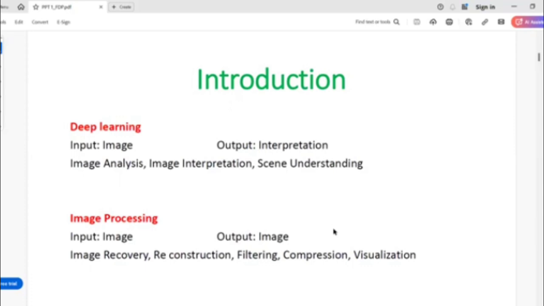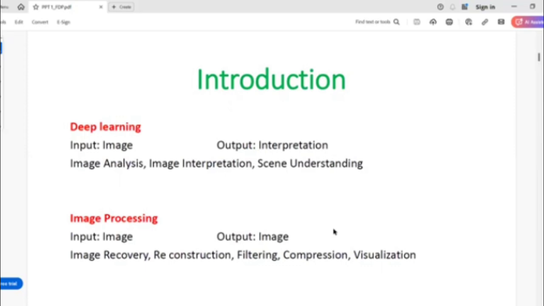Whereas in image processing, the input is an image and the output is an image. Why do we do image processing for medical image analysis? Sometimes you need to recover some images or reconstruct some images. There will be some noise you need to remove, and for that you will go for filtering. The sizes will be very high, so you need to compress. You need to understand what class, what category, how much data we have, so we go for some visualization.